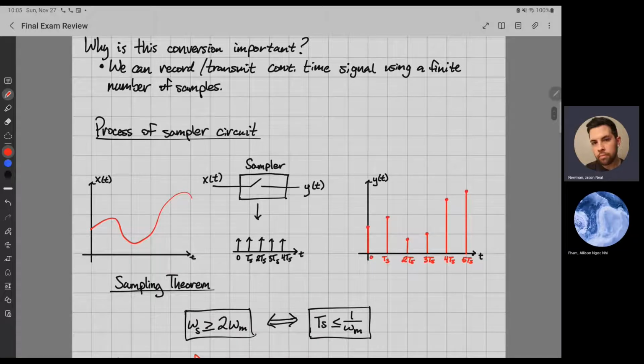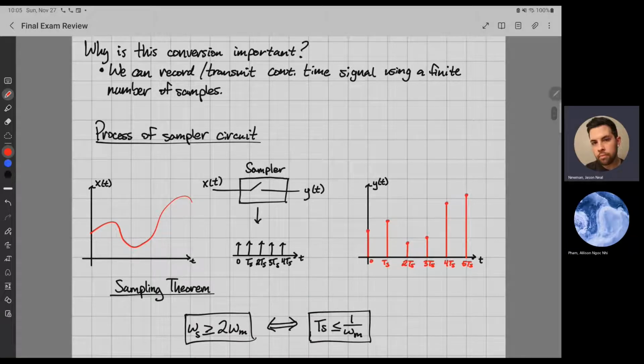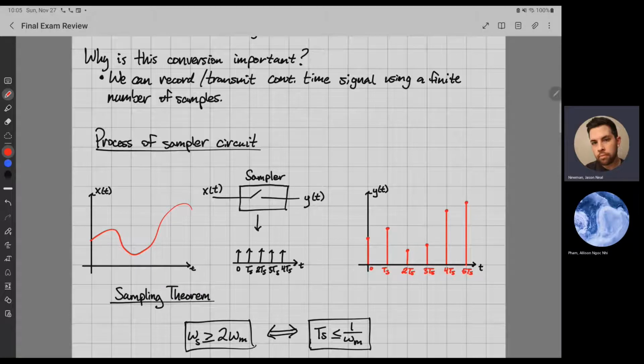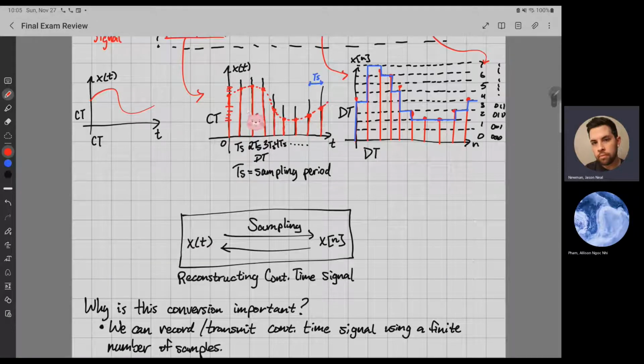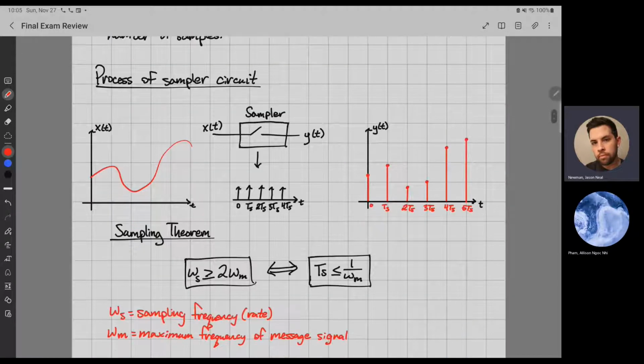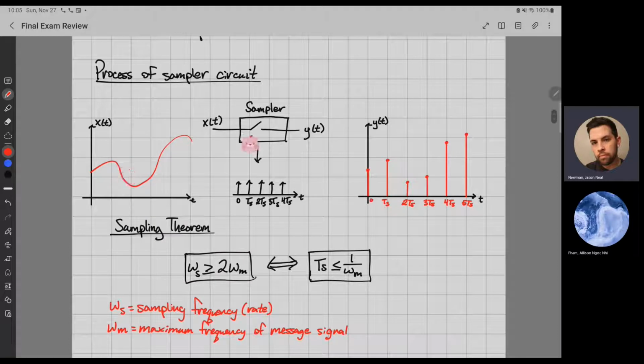Let me just briefly go over the process of a sampler circuit, so what's actually happening inside the sampler, not just that it goes from here to here. So here's your analog signal. You've got your input waveform, which is x of t, and your output waveform, which is y of t. Your input x of t is your analog signal. It goes into the sampler. In this case, the sampler is just a switch that's running on a clock, and the clock is based on TS.